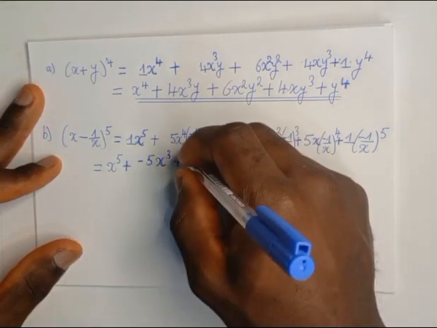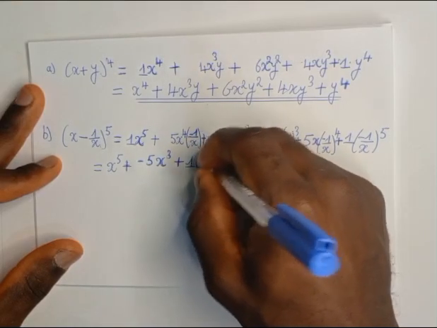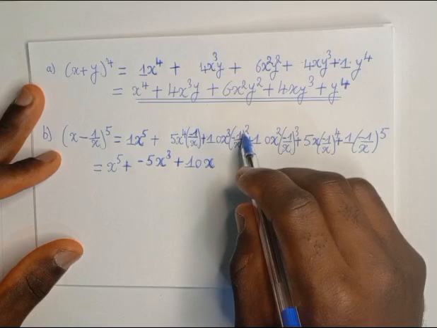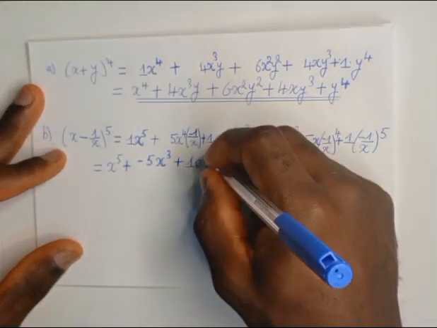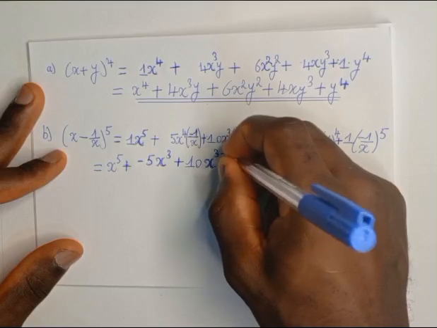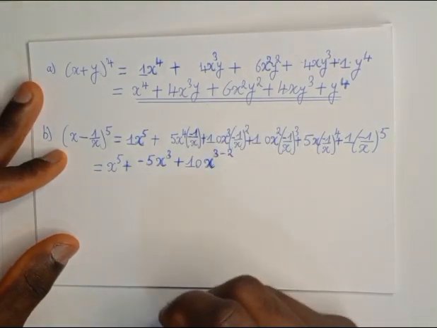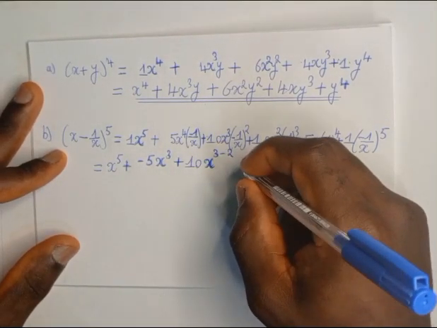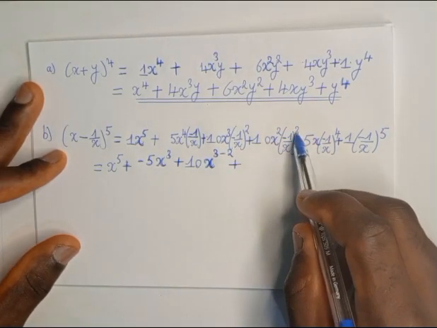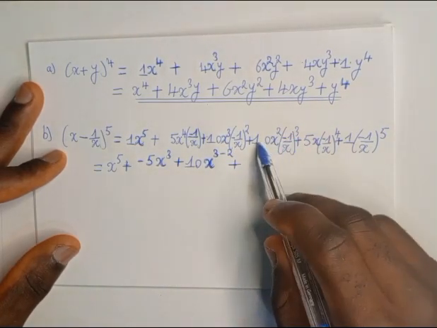This will give us plus 10 times x raised to the power 3 all over x to the power 2. And performing this division, we use x to the power 3 minus 2, like this, plus here negative 1 cube gives negative 1.